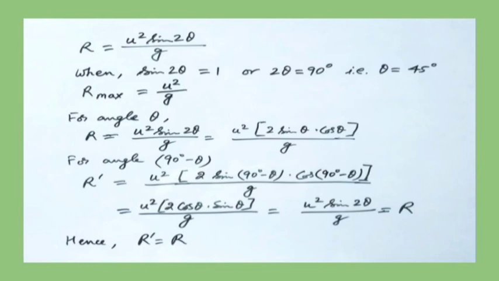Now see, with angle 90° − θ, R' = u² · 2 sin(90° − θ) cos(90° − θ)/g, or R' = u² · 2 cos θ sin θ/g, which is also equal to u² sin 2θ/g = R. Hence, R' = R, the same horizontal range.